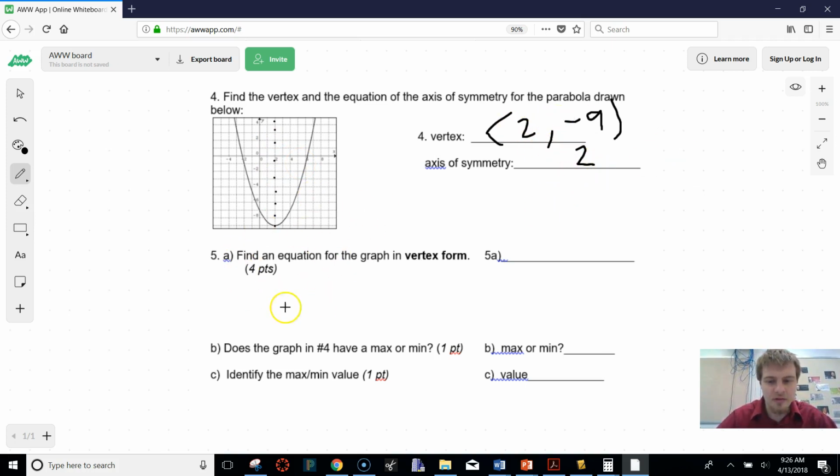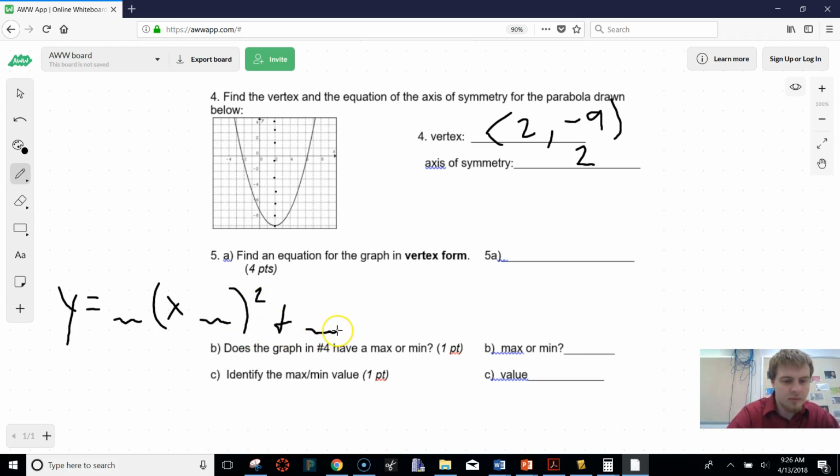Now we need to write this in vertex form. And vertex form, again, is y equals, and then we put our slope, x, and then we put our x value squared, plus, and then we put our y value. So in this case, we'd say y equals, and if I'm looking for my slope, it looks like I go up 1, 2, and over 2.